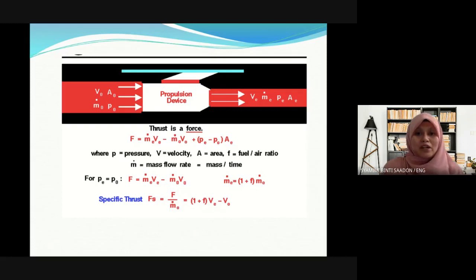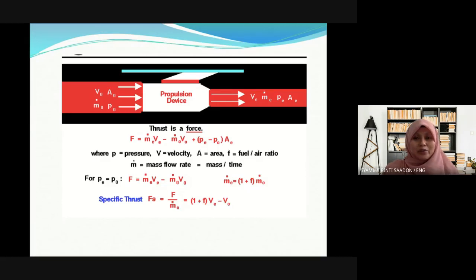Within the combustion chamber we add fuel, and the fuel will mix with the air intake from the inlet.